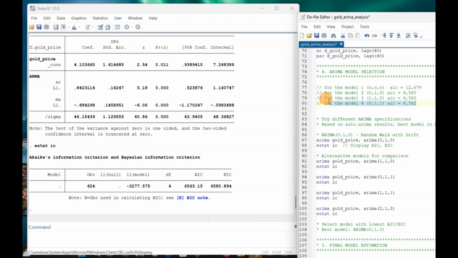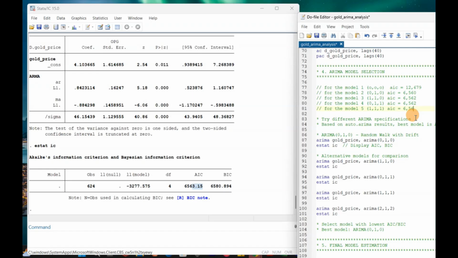Sir, when you have the same AIC, does it mean that the ARIMA is equal to the moving average? No, no. It means that however many lags we put, as long as we go further and there is no improvement in the AIC information, we preserve the earlier one.